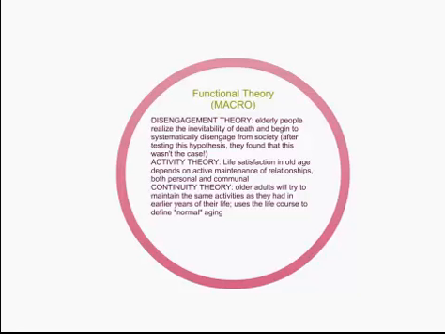And what we find with activity theory, and activity theory came about as a response to the perceived problems with disengagement theory. And so these theorists who first developed activity theory said that life satisfaction in old age really depends on active maintenance of relationships, both personal and communal. Now again, we're at the macro level here, so we're talking about aggregated data.